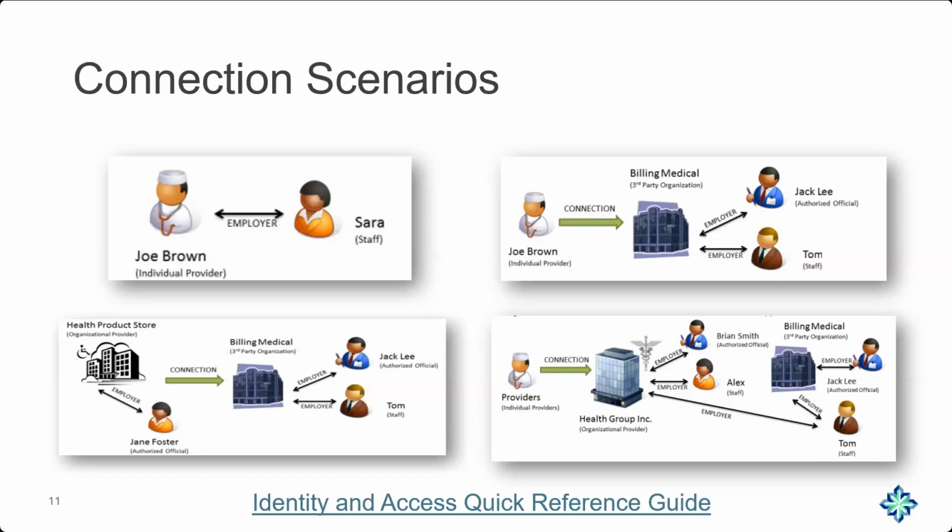The employees of Health Medical Group and the surrogates for billing medical, they have basically the same abilities. However, they'd be represented differently in the system for CMS. And there are a few more of those examples inside of that user guide, but they're there to help you understand how your setup would play into requesting access.